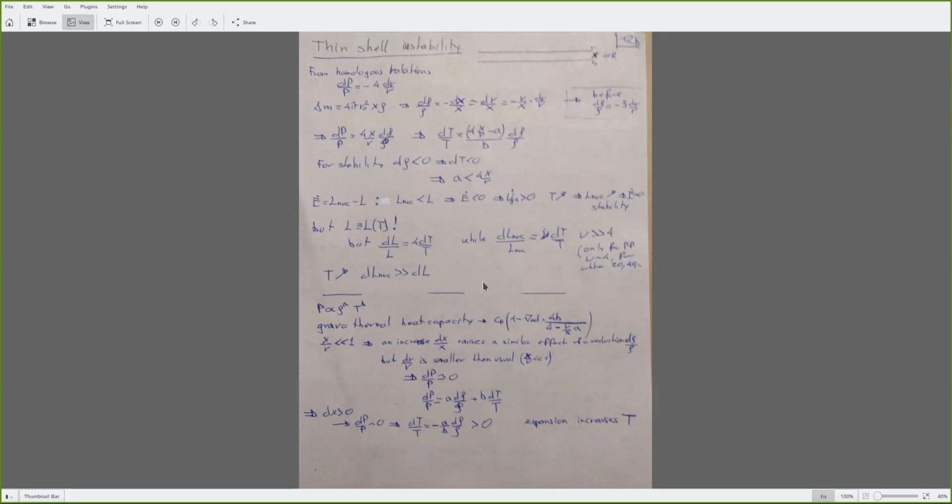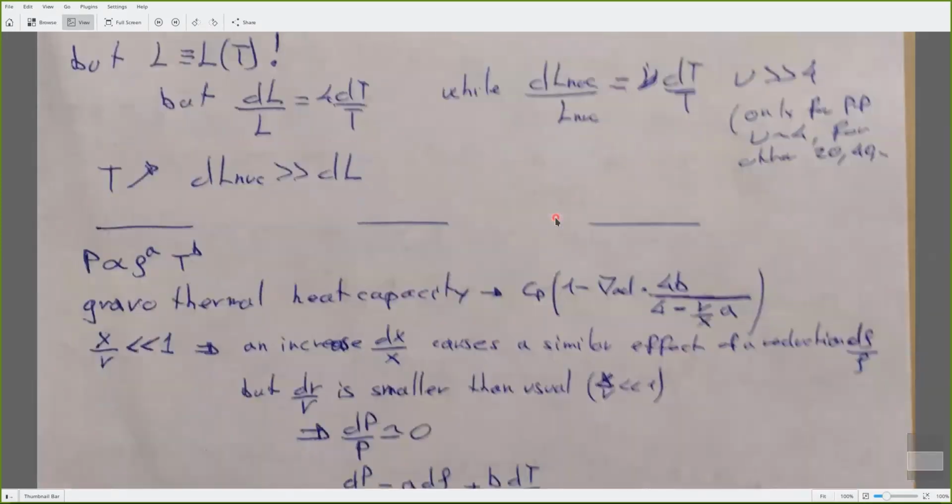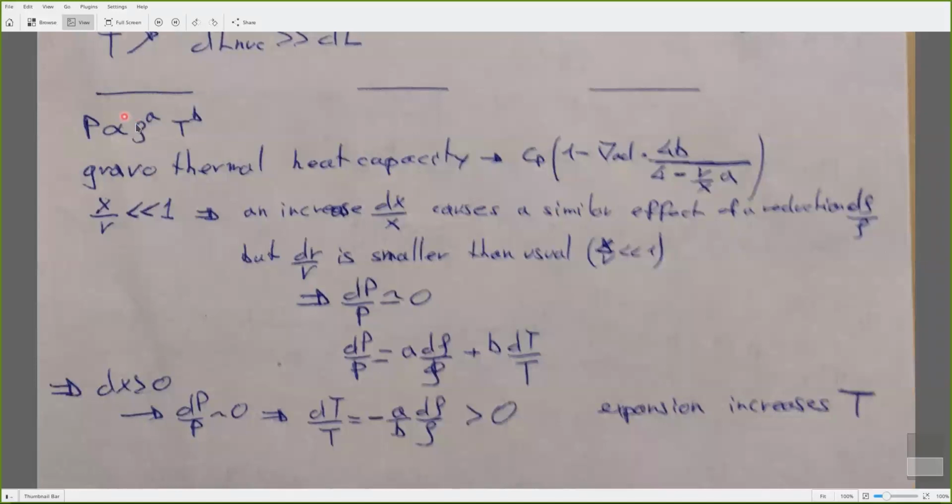Here I show it from another point of view, which may be a little clearer. Taking the classical approximation, the generalization of the equation of state, the pressure is proportional to a power of density and a power of temperature.